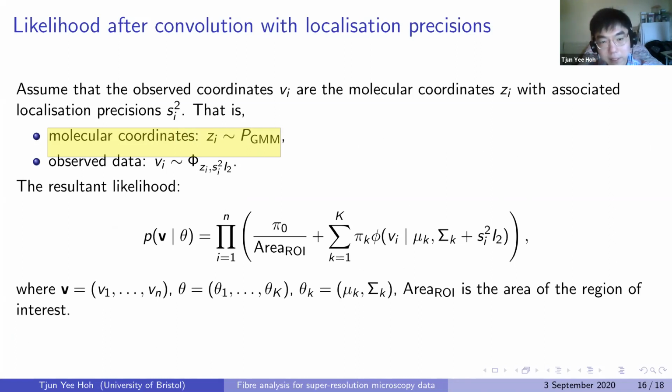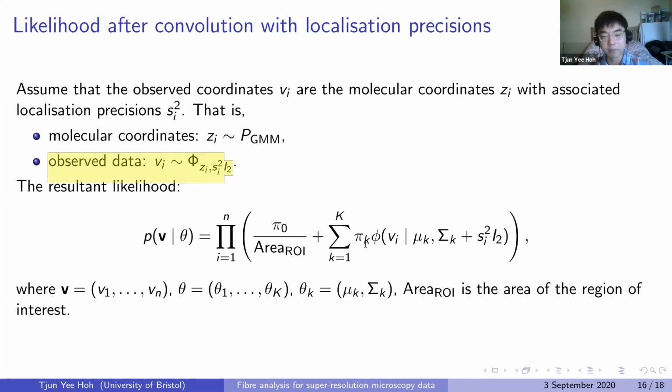So the coordinates come from the mixture model. Now, we additionally assume that the observed data is perturbed by the localization positions given by s_i. So here we have that each observed data is centered at the true molecular coordinate and perturbed by a circular Gaussian with covariance matrix s_i squared.